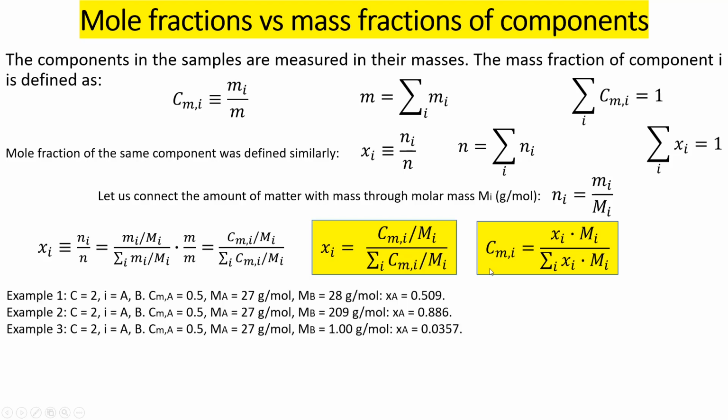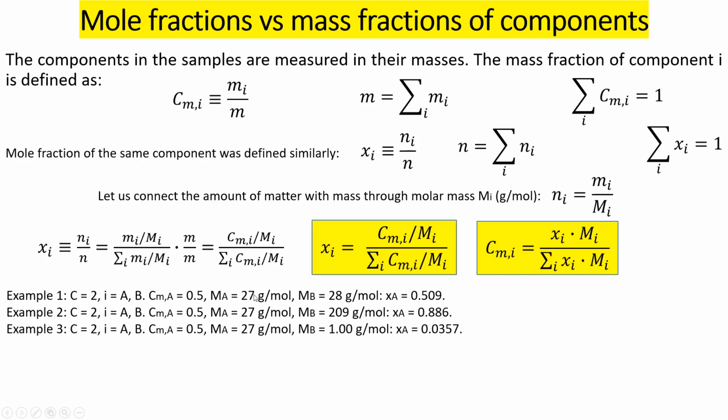Let me show you 3 examples. They are quite similar. All the 3 examples consider 2 components, which are A and B. In all 3 cases we have equal mass fractions of component A and B, 0.5 both.